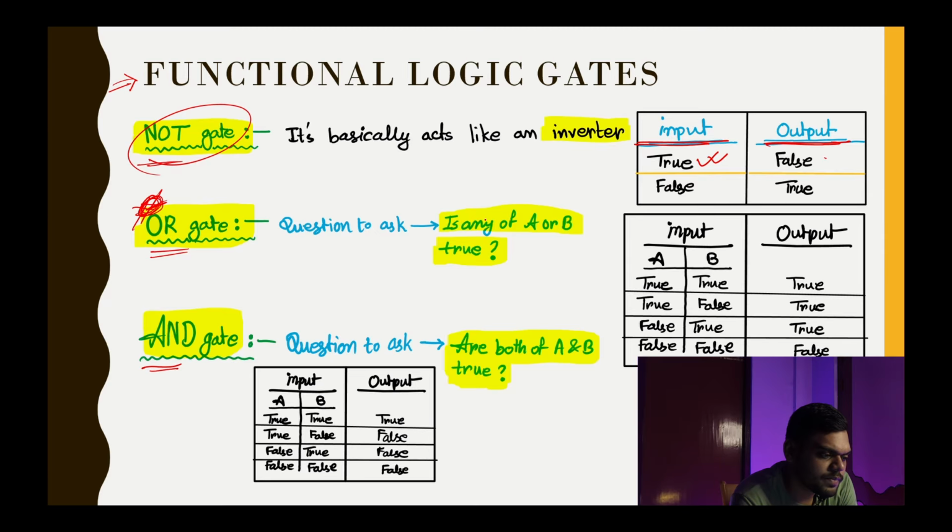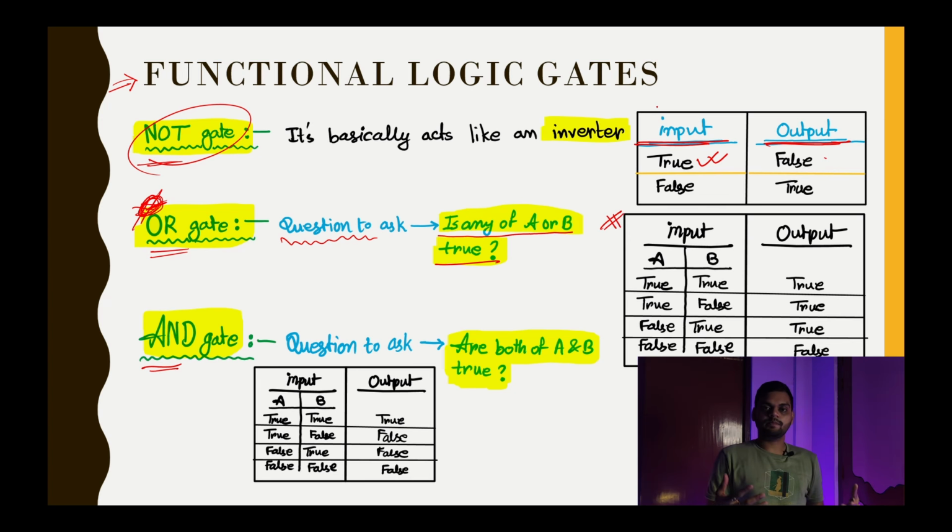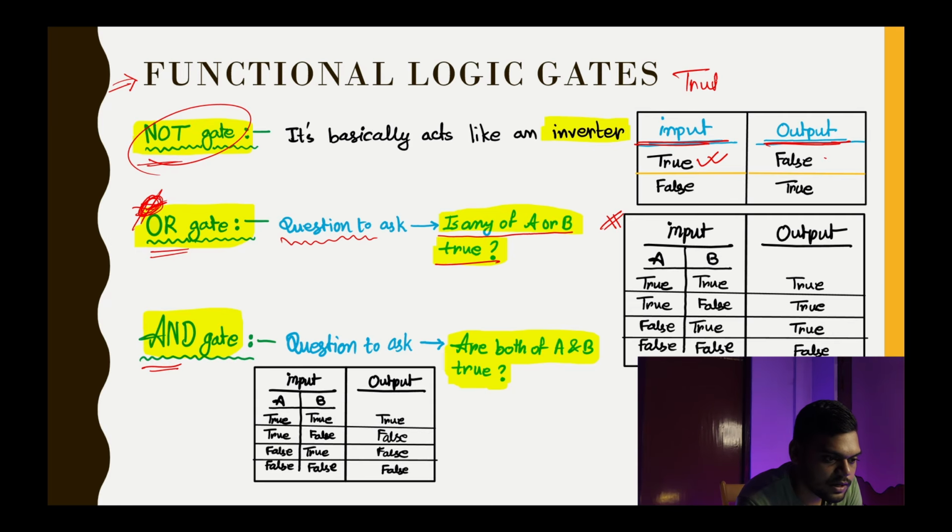To identify if it is an OR gate or not, there is a question you can ask: is any of A or B true? Let's have a look at this truth table. By the way, this table where we demonstrate the input and output of a particular gate is known as a truth table. I am writing it here, truth table.